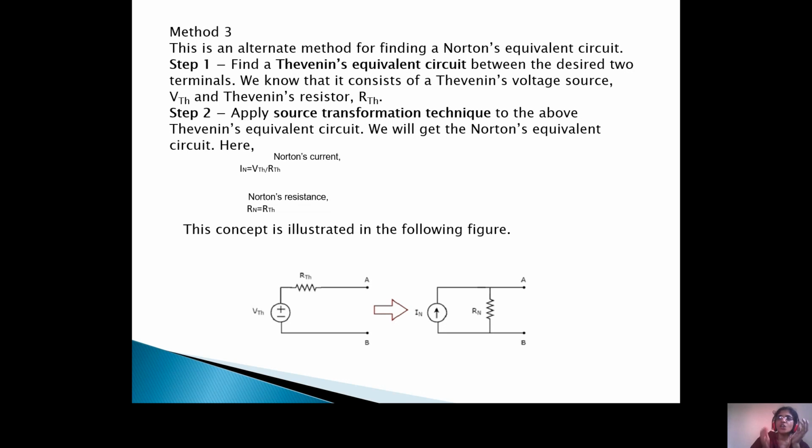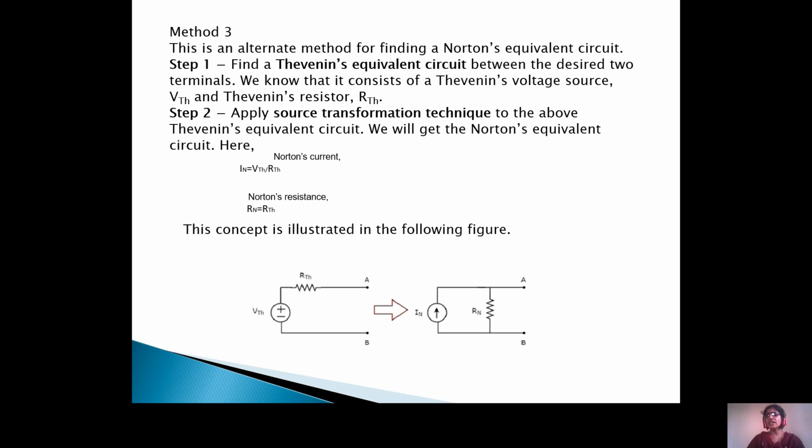Then we use the source transformation technique. Source transformation means whenever a voltage source is there, you convert it into a current source. Since we know the values of VTH and RTH, we convert into the current, that is I equal to VTH by RTH.